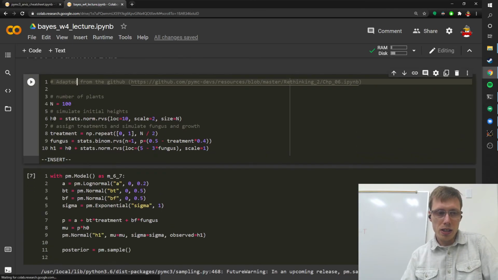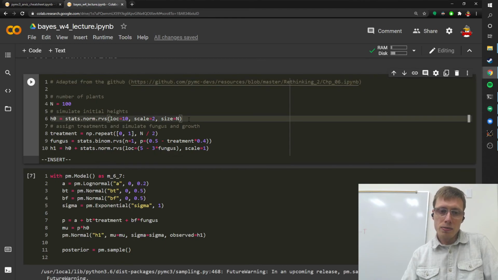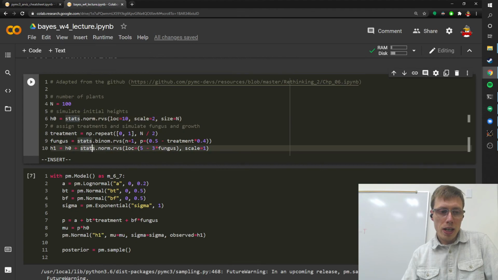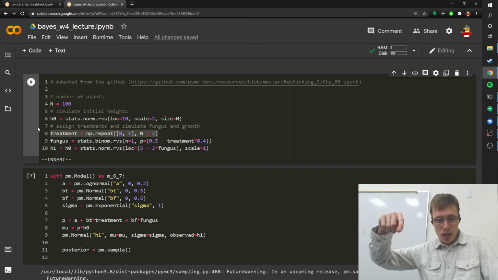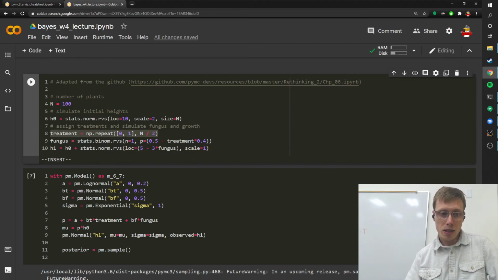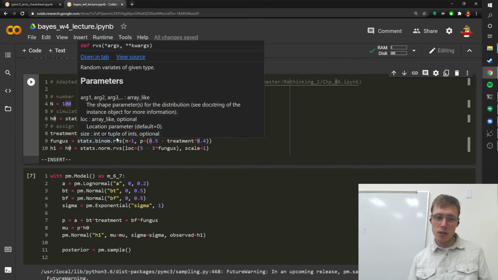He first said, okay, the initial height is just some random value. Then half of the plants get the treatment, which is a 1, and the other half don't get it, so it's 0.